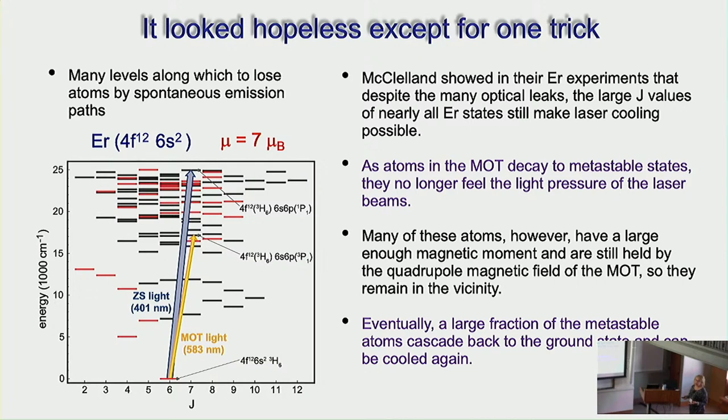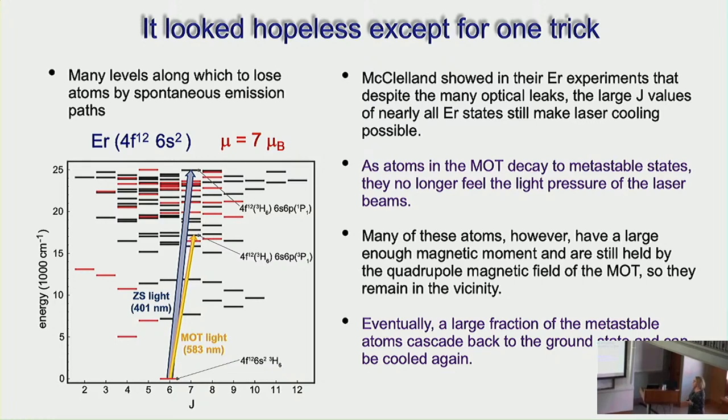This is an example of the erbium atom: the ground state and some excited states I used in experiments. And it seems that spontaneous emission during these laser cooling cycles will break everything. It's impossible, because many atoms will be lost by emission going down to all sorts of states.